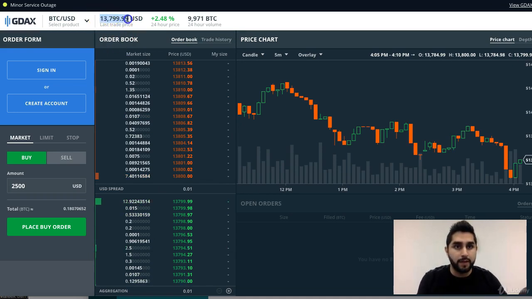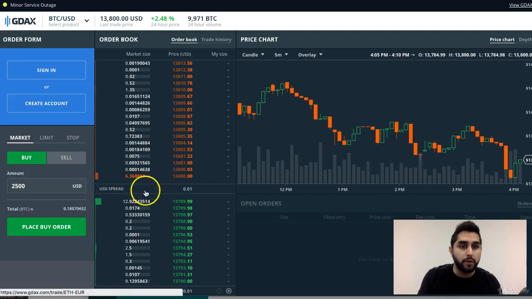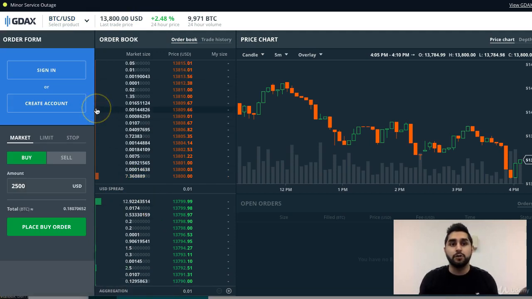Say it's trading at about 13,800. But say it was very volatile and going up in price, and there wasn't much in the order book right now. If you put in a market order, it's possible that your order might get filled at $14,000. More realistically, probably like 13,810, but really that's unacceptable.